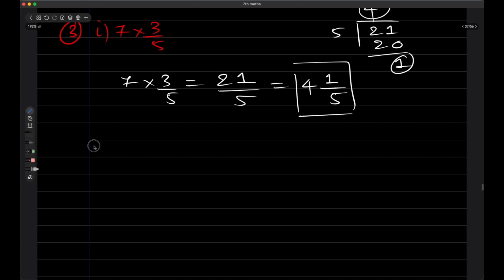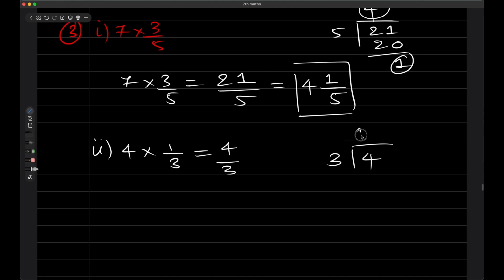Second one, 4 into 1 by 3, that is equal to 4 1s are 4 divided by 3, and if we convert into a mixed fraction we will get 3 1s are 3, remainder is 1, that is 1 complete, remainder is 1 and denominator as it is.